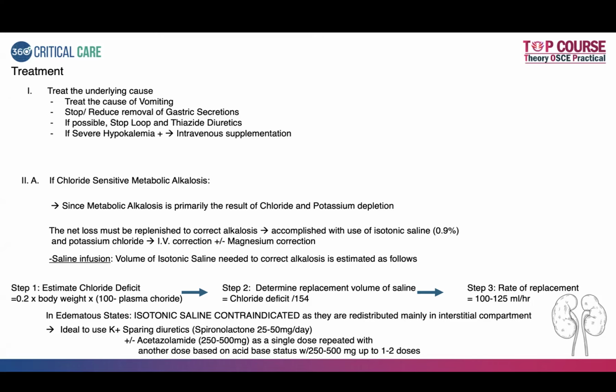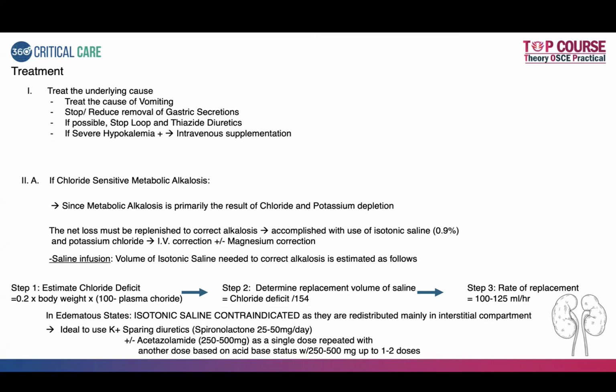Once you have estimated the chloride deficit, you need to determine the replacement volume of saline. That deficit needs to be divided by 154. Then, based on this calculated volume of replacement, you keep the rate of replacement, which is usually kept at 100 to 125 ml per hour.